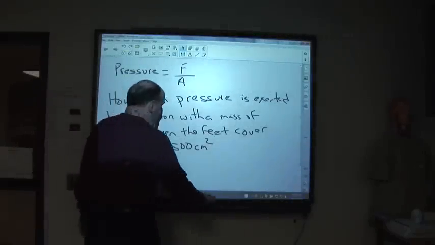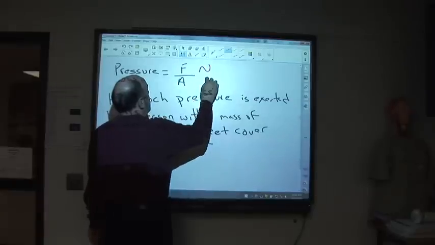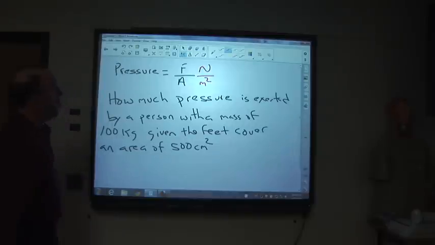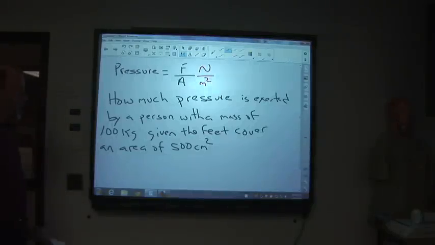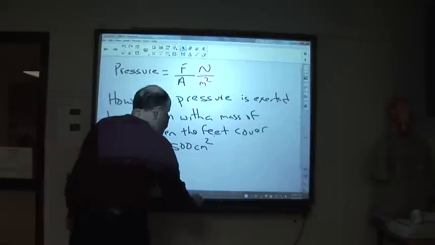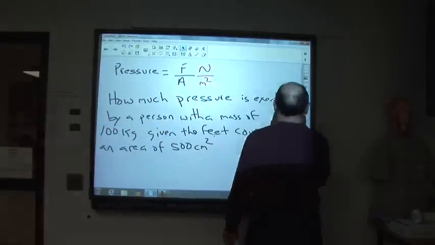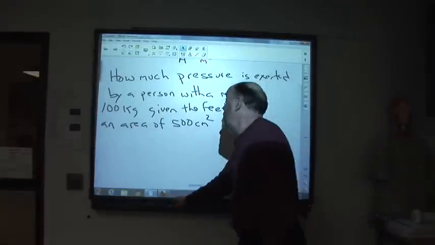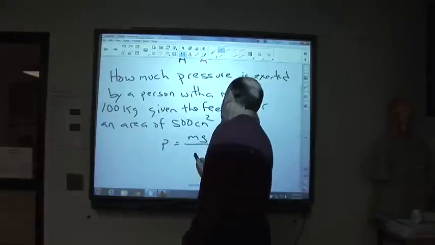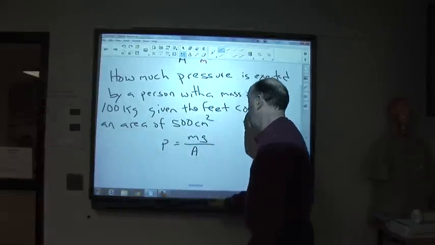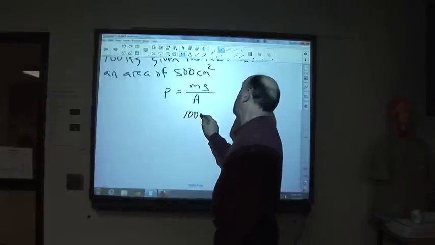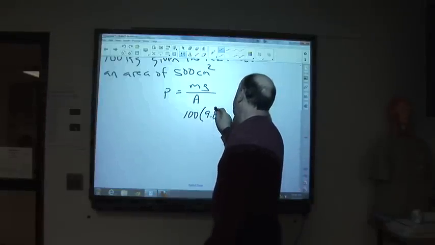Force will be in newtons, and area will be in square meters. Here, the force acting on your feet is due to the weight of the person, so the pressure is given by mg over A. The mass is 100, g is 9.8.